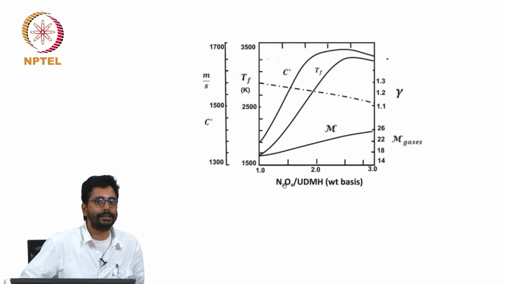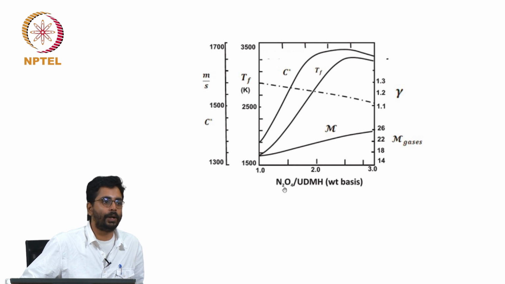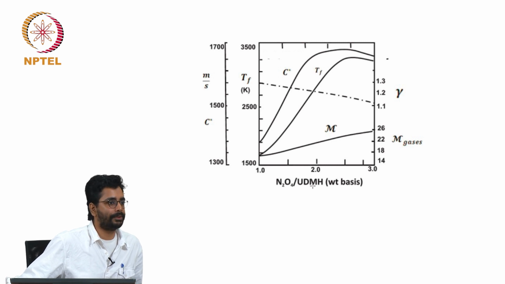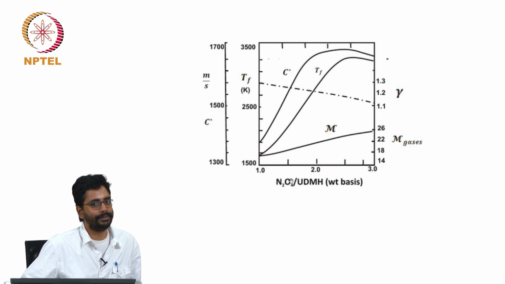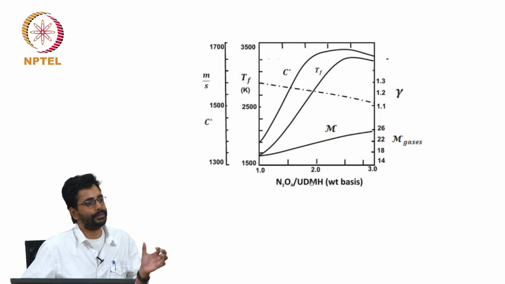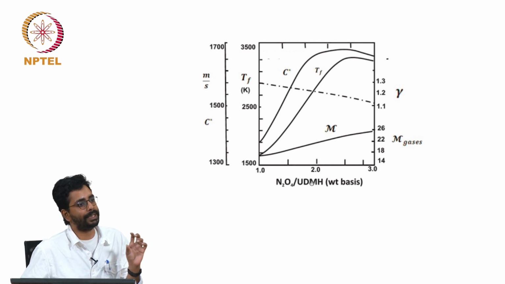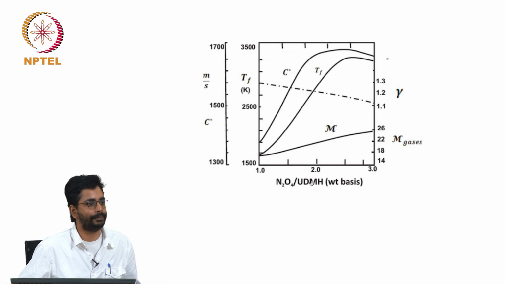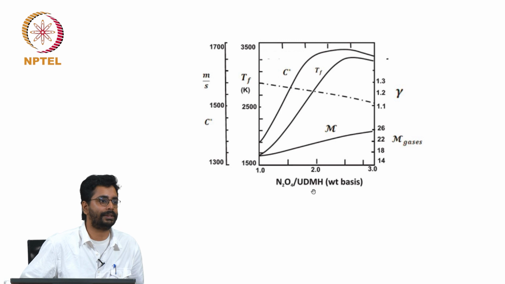So here this is a hypergolic combination where the oxidizer is N2O4 and the fuel is UDMH, unsymmetrical dimethyl hydrazine. So this is the oxidizer, this is the fuel. So the ratio is expressed as the ratio of mass of the oxidizer to the mass of the fuel.